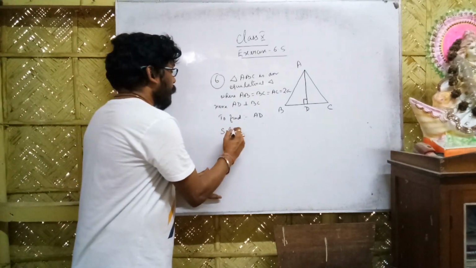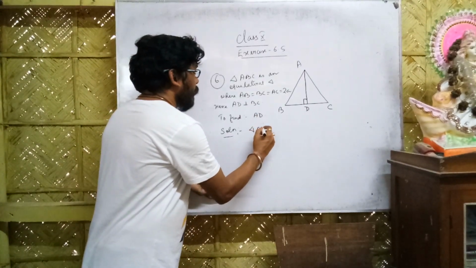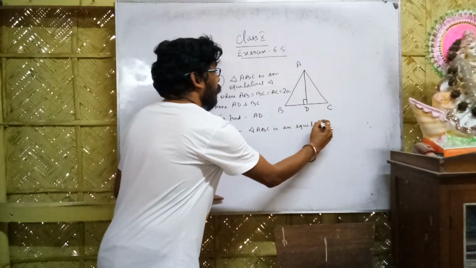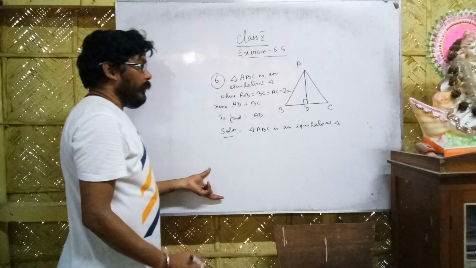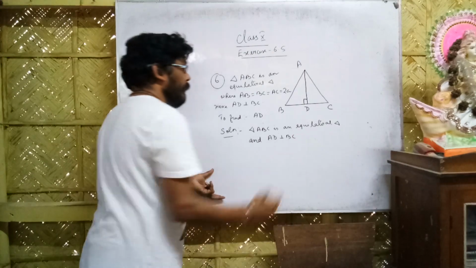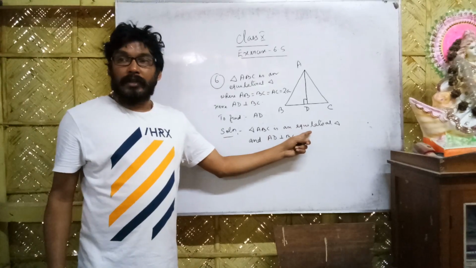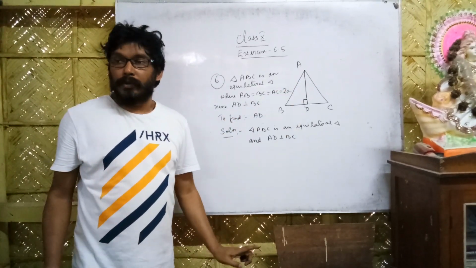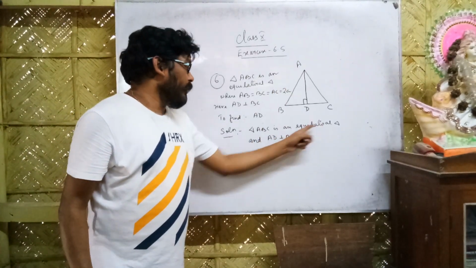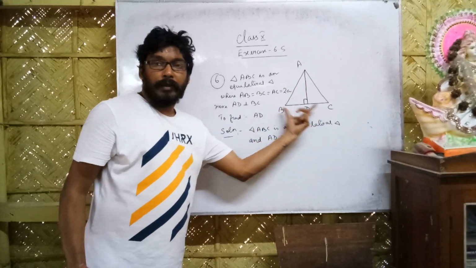So in the solution part you write triangle ABC is an equilateral triangle and AD perpendicular BC. Okay. Now in the case of an equilateral triangle, the altitude will work as a median also. So in triangle ABC, which is equilateral, where AD perpendicular BC, if this will work as a median, then D will be the midpoint of BC.